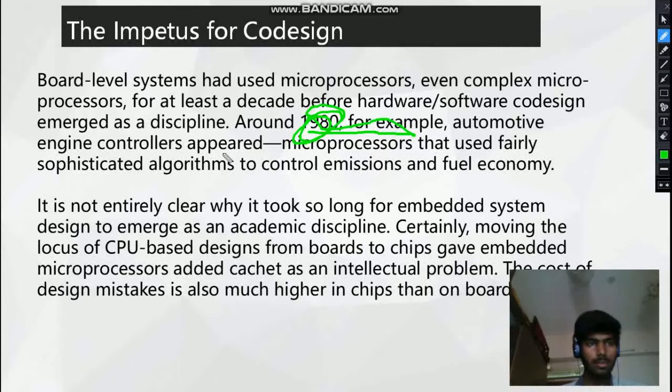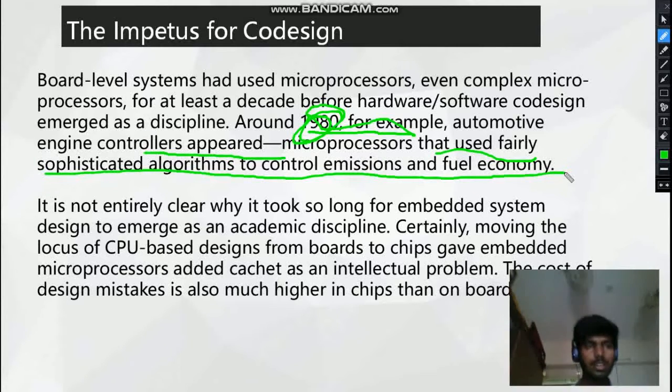For example, automotive engineers used microprocessors that ran fairly sophisticated algorithms to control emissions and fuel economy. Since sustainable development was also an important criterion, they were considering the emissions and fuel economy too.